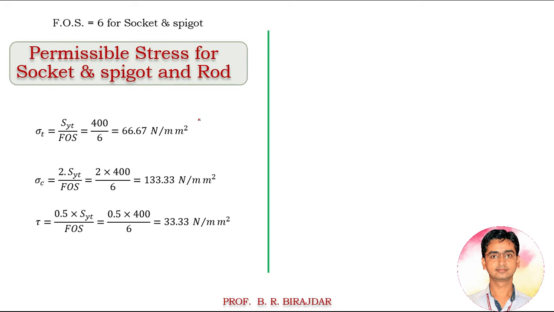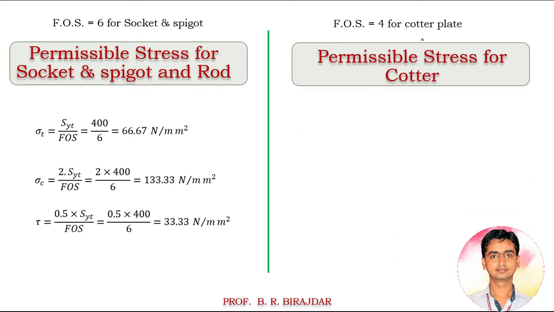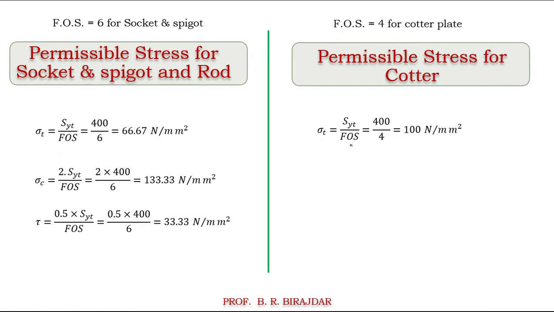Now similarly we will calculate the permissible stresses for the cotter, and as the factor of safety is different for socket, spigot, rod and the cotter, for the cotter the factor of safety is 4. Now we will calculate the permissible stresses the same way. Permissible tensile stress for the cotter pin is equal to SYT divided by factor of safety. So 400 divided by 4 we get 100 Newton per mm square.